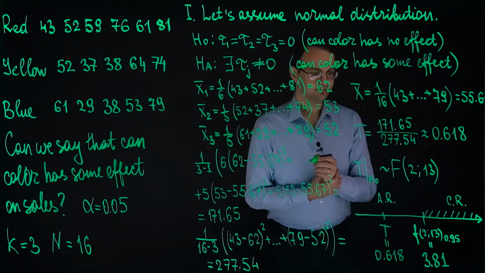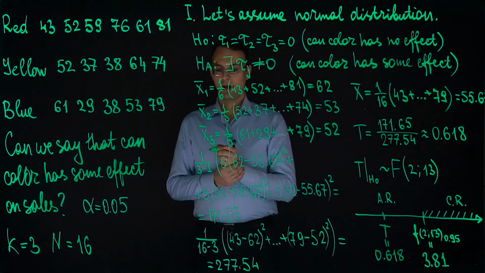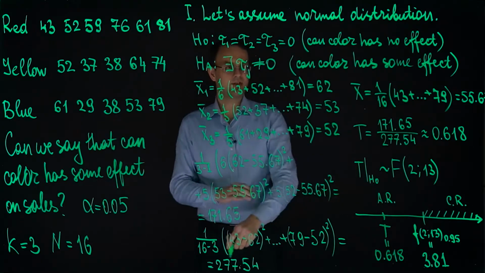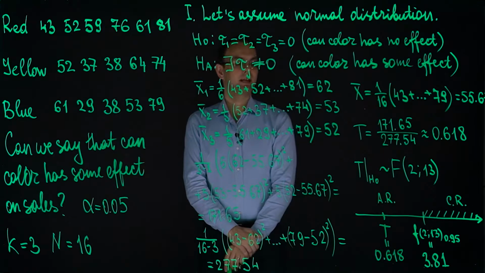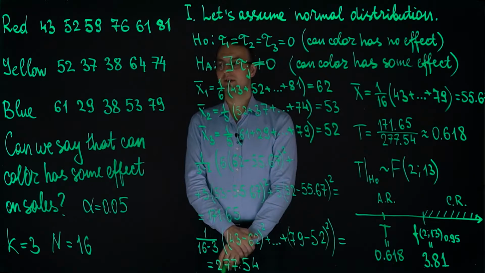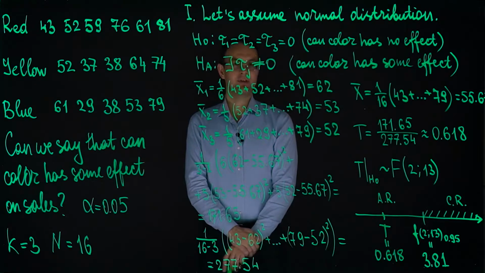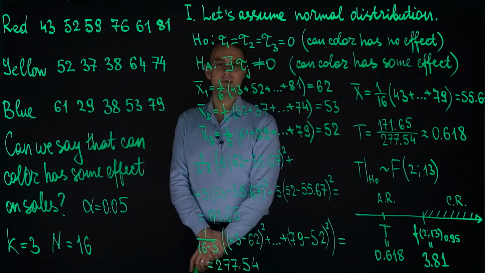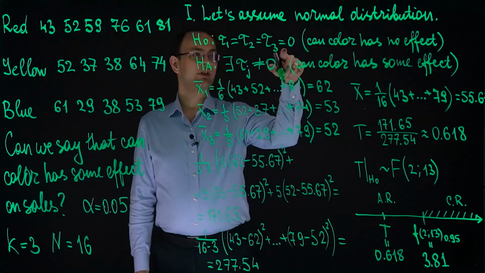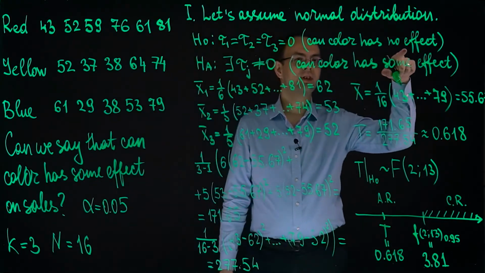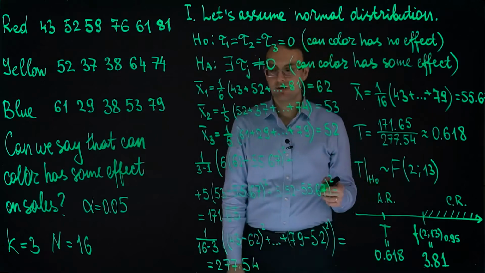As the test statistic is in the acceptance region, this means that we accept the null hypothesis, and the null hypothesis is the hypothesis that Kahn-Keller has no effect.